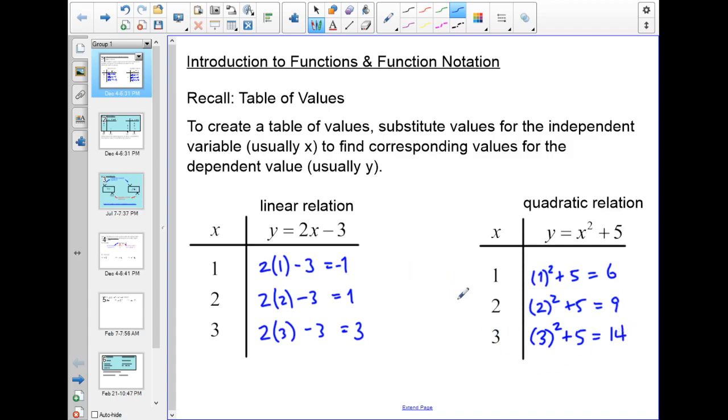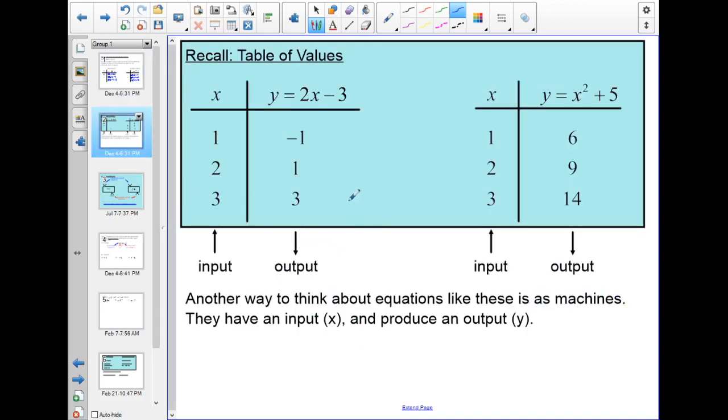And I'm choosing my language very carefully there. I'm actually adjusting language to steer you towards this idea of functions. So I've taken those values from my tables and I've reworded them using that language. Another way we can think of independent variables is those are our inputs.